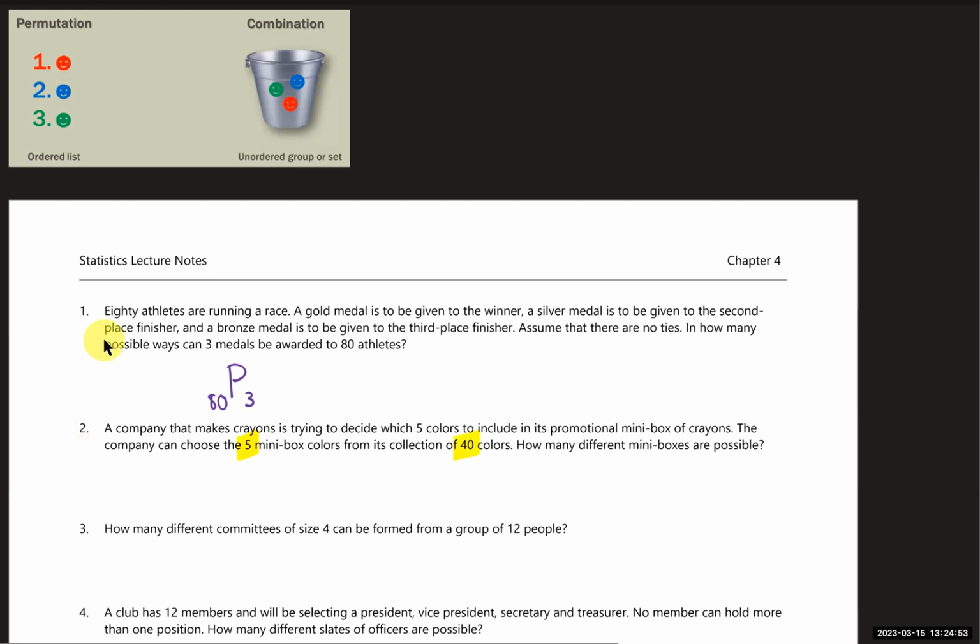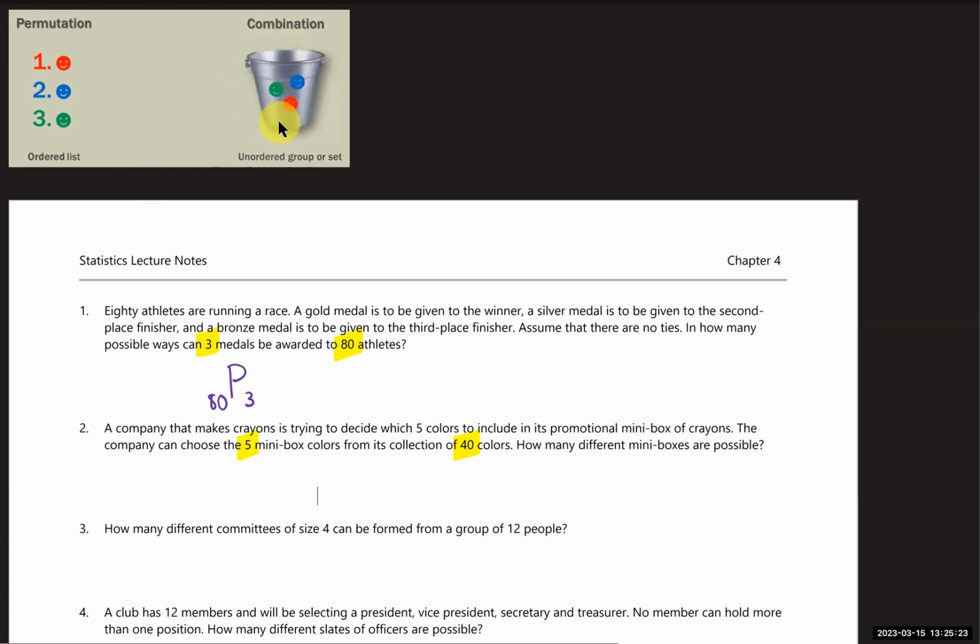In a similar way up top, we were picking 3 people to win medals, choosing from a group of 80 athletes. So we have that sort of setup of picking some people from a group or some colors from a set of colors. We can always try to think of combination or permutation. So in this case, with picking colors, we're really just looking at a collection of colors to include.